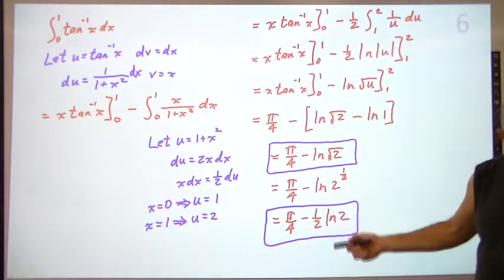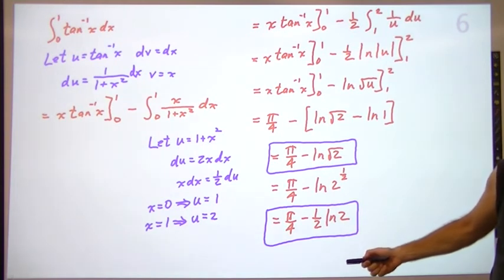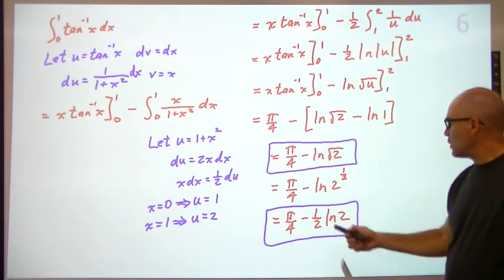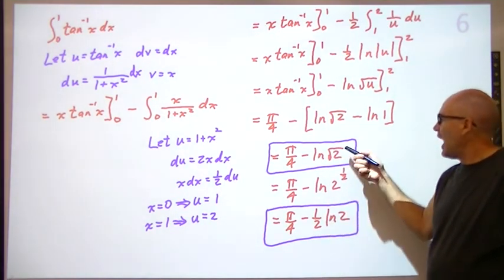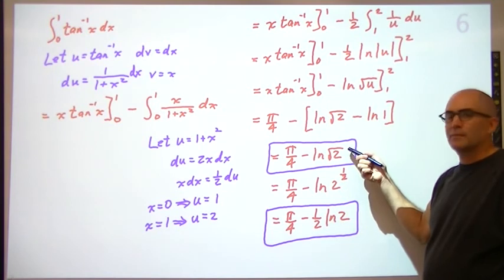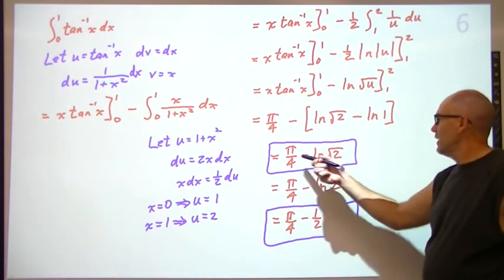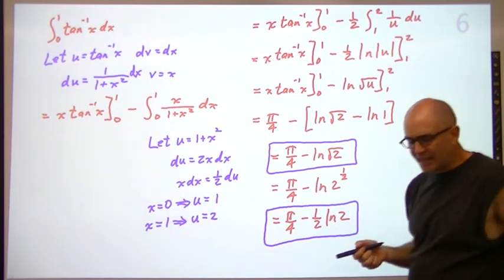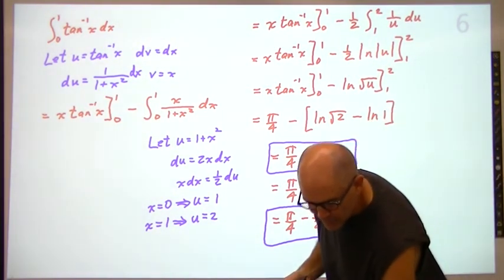The book shows it like this. I actually think natural log square root of 2 is simpler. This is easier to get a decimal approximation. So that's it, game over. Have fun with these.